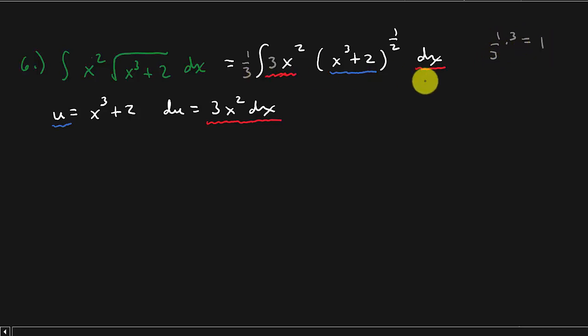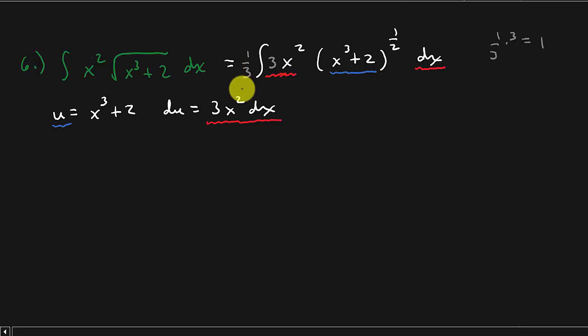So I actually multiplied that problem by 1, didn't I? You see that? So why did I multiply by 3? The x squared dx, I needed the 3, so I multiplied by 3 so it would match this. But then I go outside the integral and multiply by 1/3.